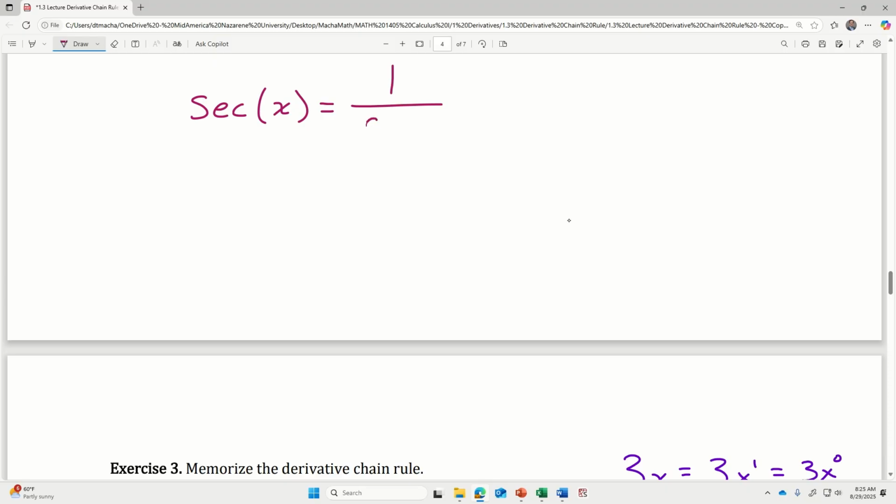No, cosine, yeah. Secant is 1 divided by cosine. Cosecant is 1 divided by sine. It's backwards. But what's special about cosine is that cosine of negative x is the same thing as cosine of positive x. And sine of negative x is the same thing as what?